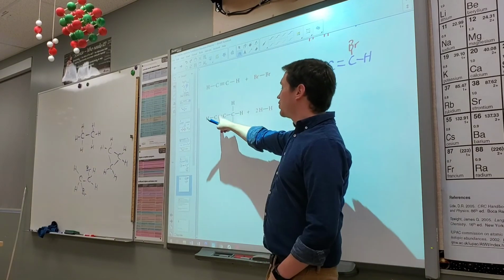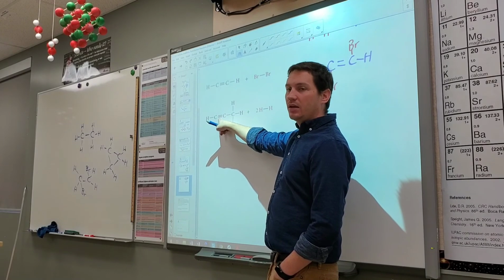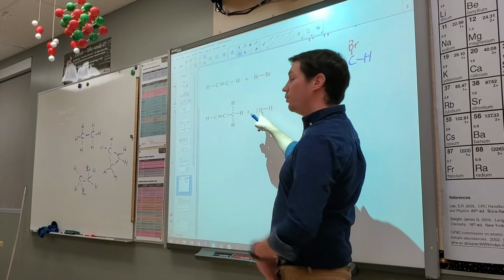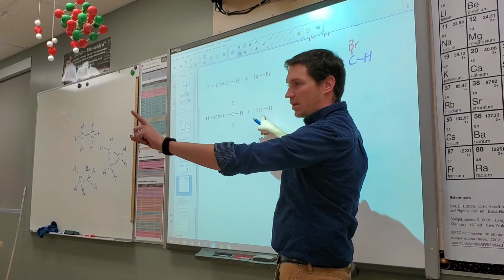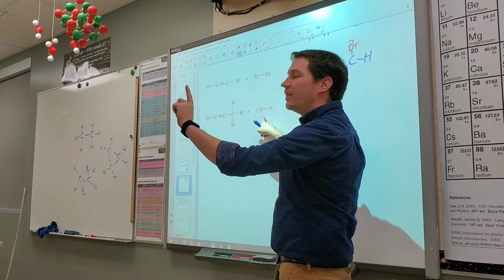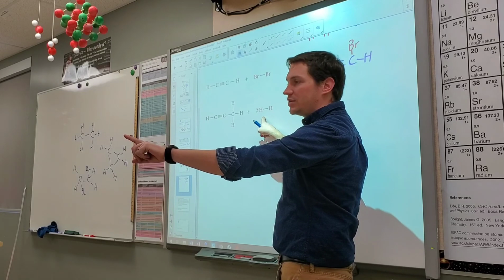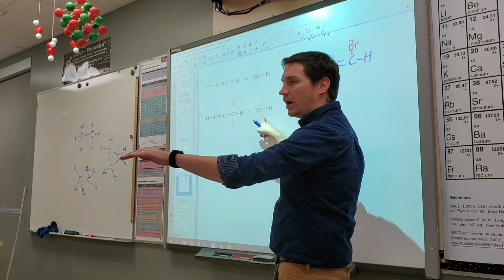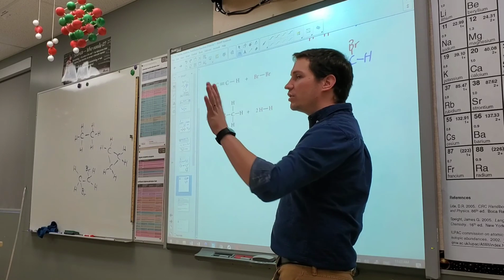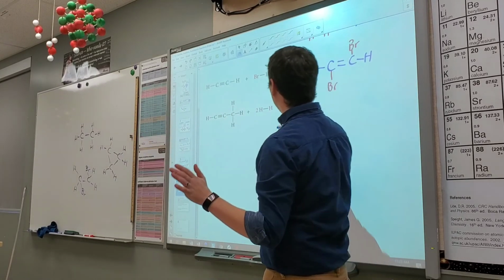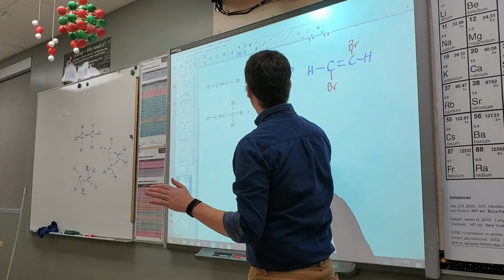The triple bond turns into a double bond with the addition of one molecule of hydrogen. Then the double bond turns into a single bond with the addition of the second molecule. Does that make sense? So I'm going to show this in steps. I should have drawn arrows, but whatever.